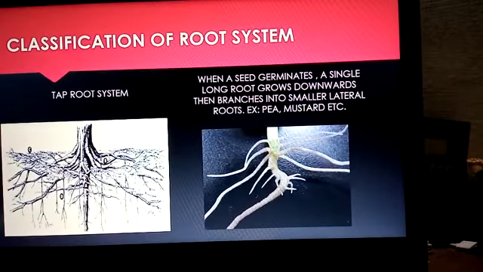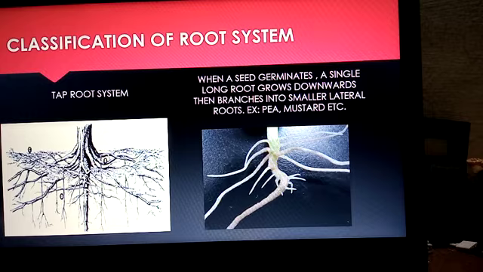Now, how are the roots classified? The roots are classified into two different types, that is the taproot system and the fibrous root system. Taproot system means when a seed germinates, a single long root grows downwards, then branches into smaller lateral roots.